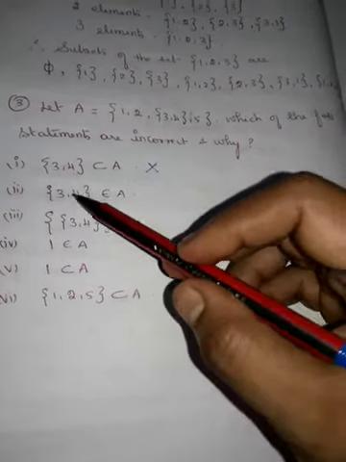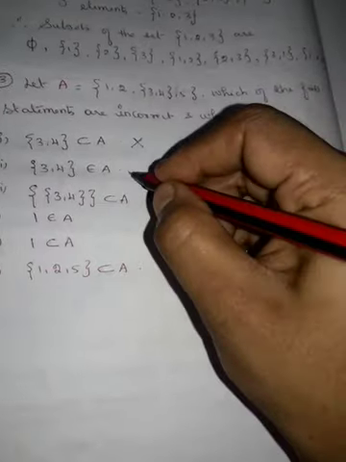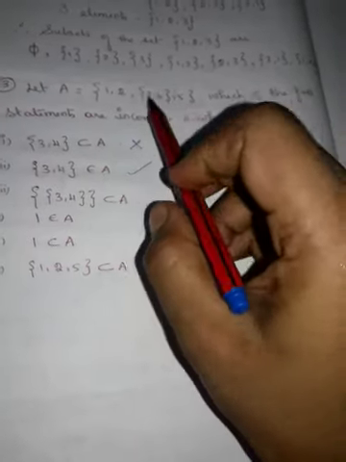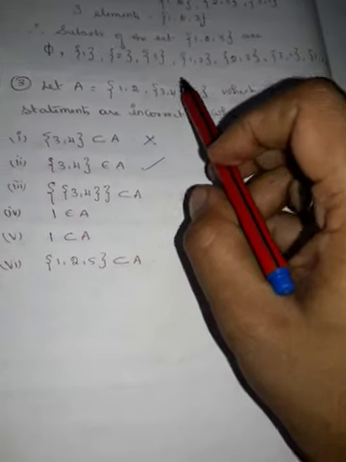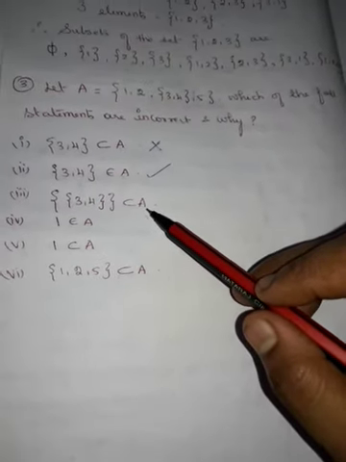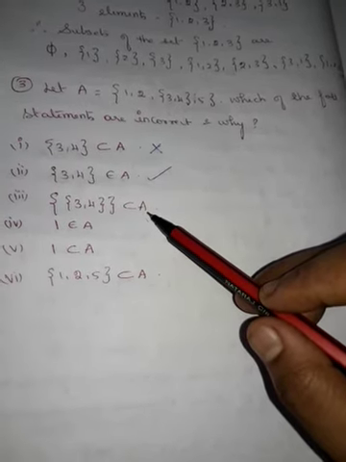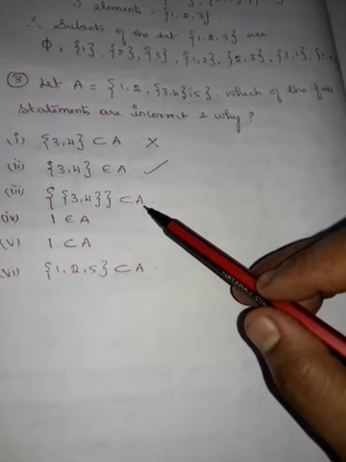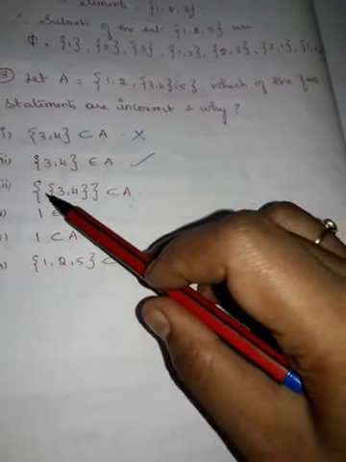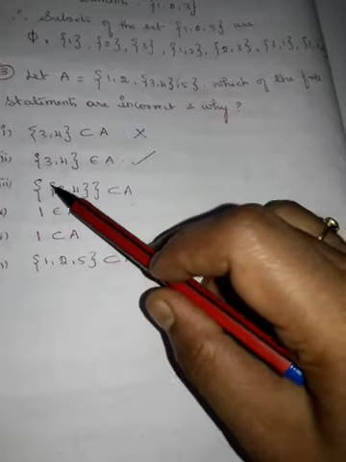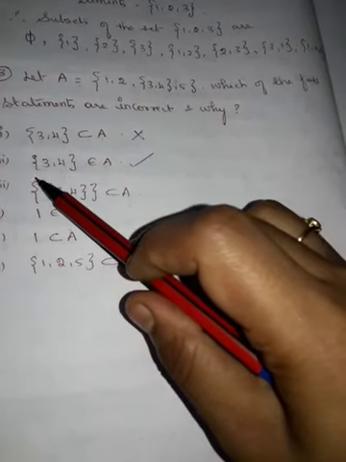Now look at the second question. The set {3, 4} is an element of A. Yes, this is true. This belongs to A. Yes, the set itself is an element. This is an element here. Therefore, this is true. Now look at the third question. The set {{3, 4}} is a subset of A. Now what they have expressed is correct, because here this set denotes the element of A. Now this element is written within set braces.